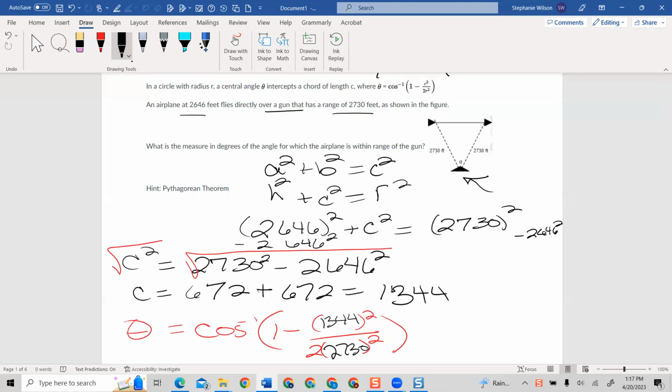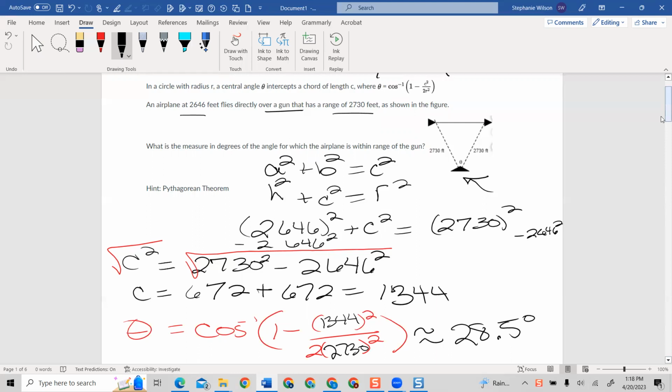I'm going to round to the nearest tenths when I calculate this. Make sure you're in the right mode in your calculator. The question said degrees, so make sure you're in degrees mode before we get started. Cosine inverse of 1 minus that fraction, and I get approximately 28.5 degrees.